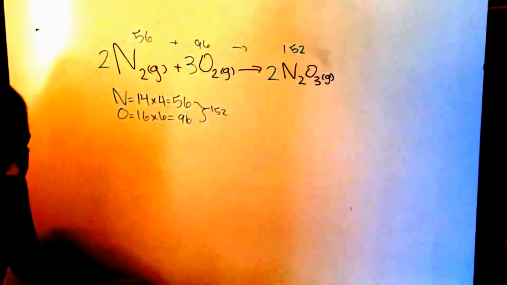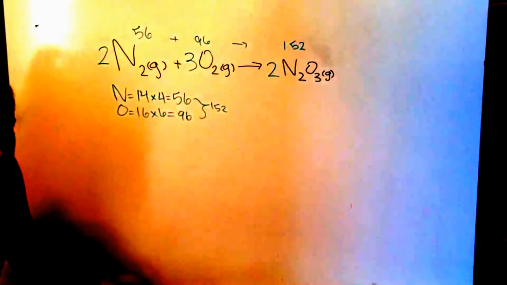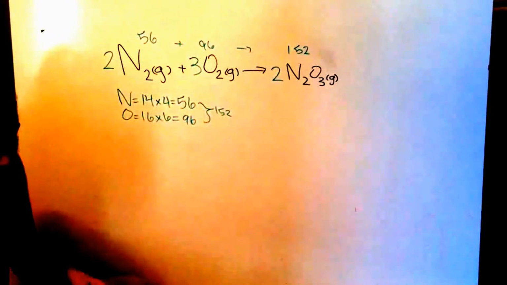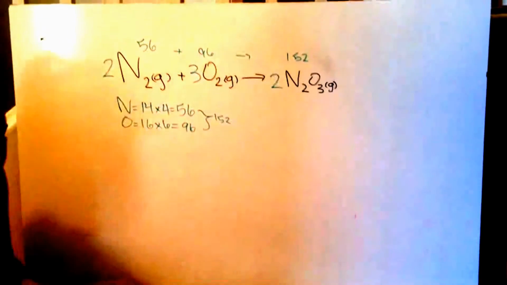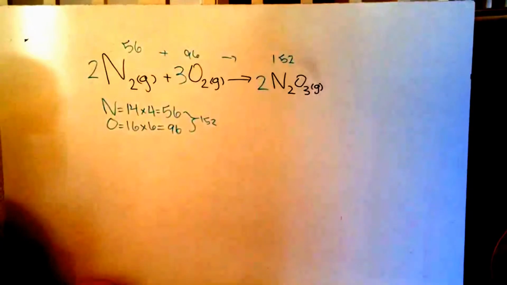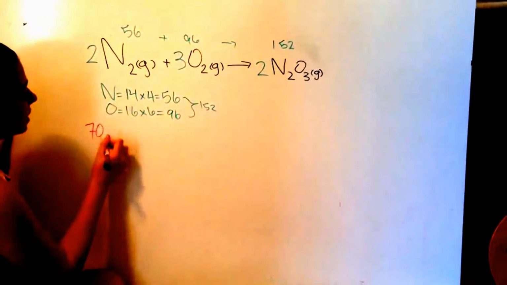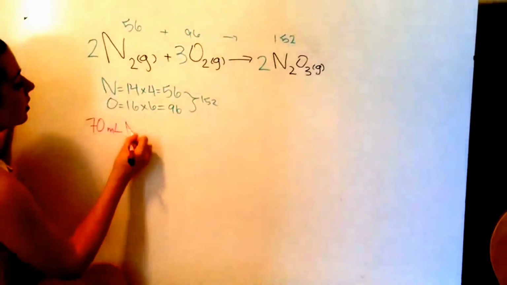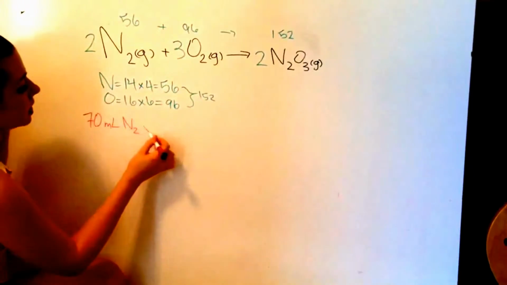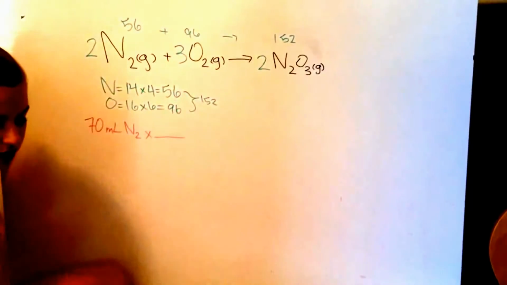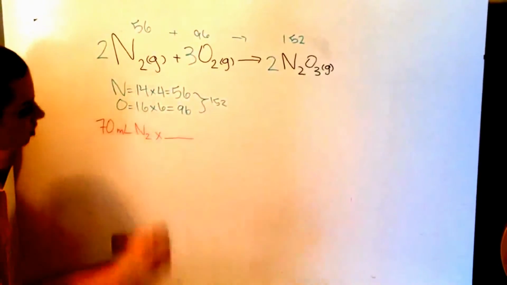We are going to calculate the mass of the product that can be produced from the first reactant. So for the first reactant, they give us 70 milliliters of nitrogen gas. So 70 milliliters of N2 times, you want to find the ratio of oxygen to nitrogen.